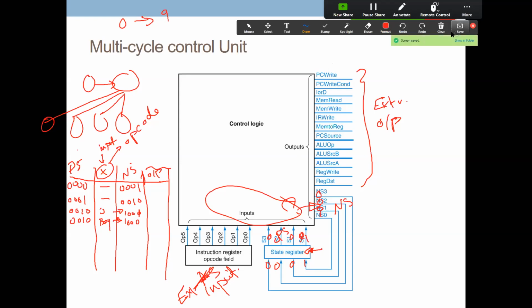Good. So this is how the control unit would actually work.